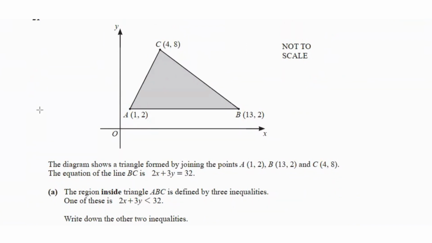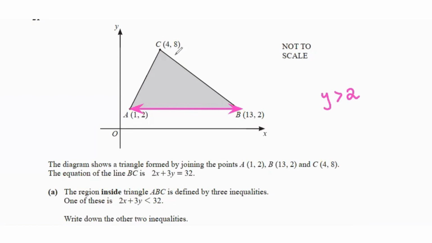So the first one is going to be this line, which is basically going to be y is greater than 2, because we're looking at the area above the y equals 2 line. So it's the greater part.